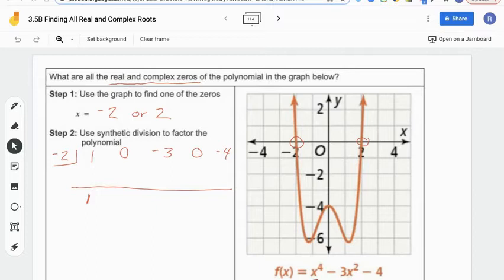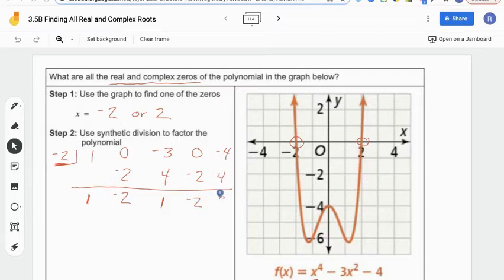Now as I run through synthetic division, I add down and multiply by -2. So 1 times -2 is -2. Then I add straight down, and I get another -2. I multiply it by -2, which gives us 4. I add straight down, and I multiply by -2. I add straight down, and I multiply by that -2.